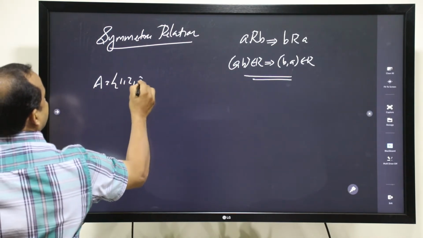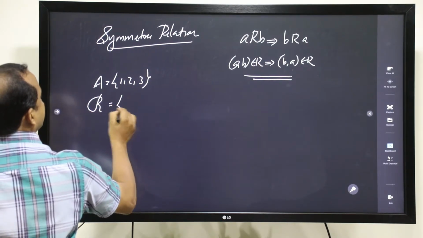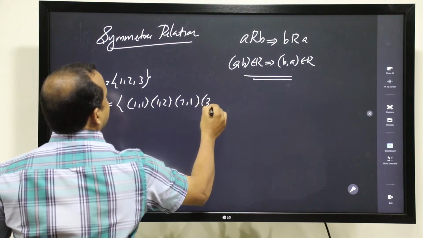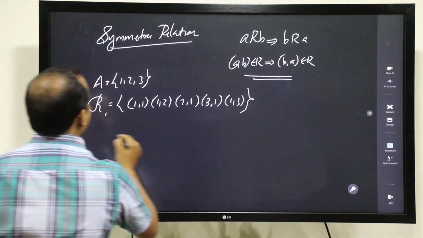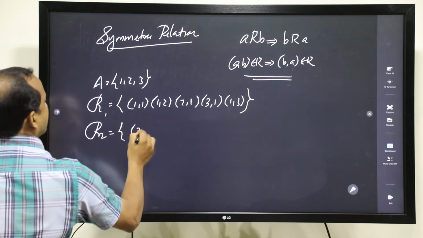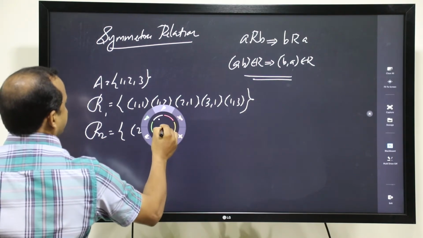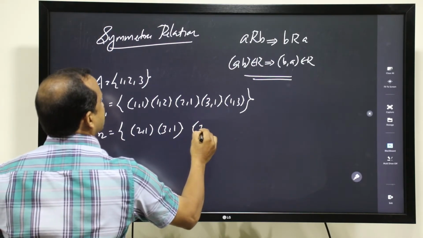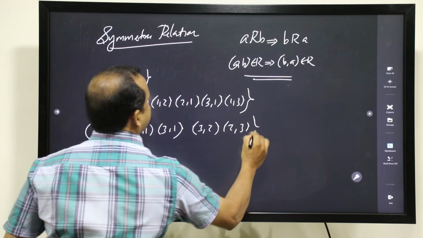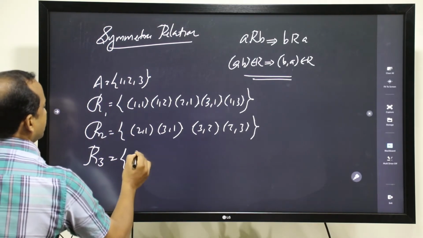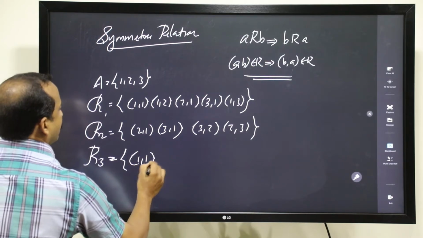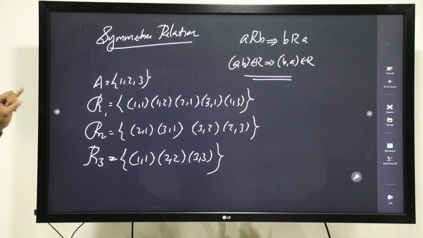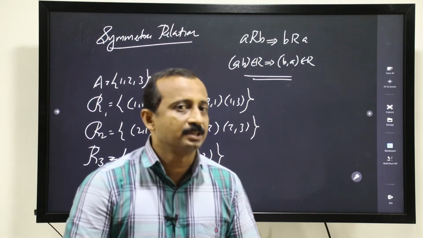A = {1, 2, 3} and a relation R1 = {(1,1), (1,2), (2,1), (3,1), (1,3)} and R2 = {(2,1), (3,1), (3,2), (2,3)}. R3 = {(1,1), (2,2), (3,3)}. Check whether R1, R2 and R3 are symmetric or not.